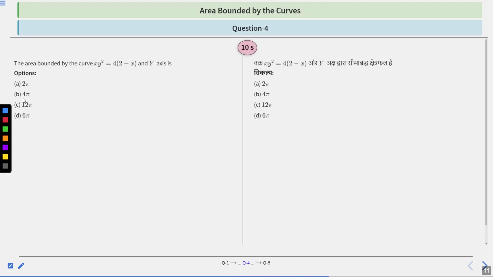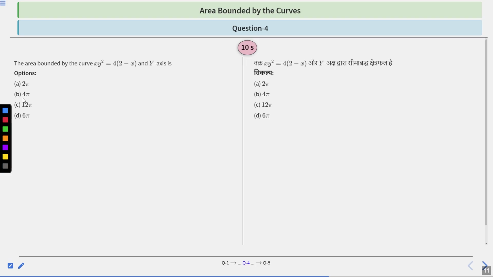Question number 4 says that the area bounded by the curve x y square is equal to 4 times 2 minus x and the y axis. The hint for this question is that we will first find the function of y in terms of x and try to draw the graph.